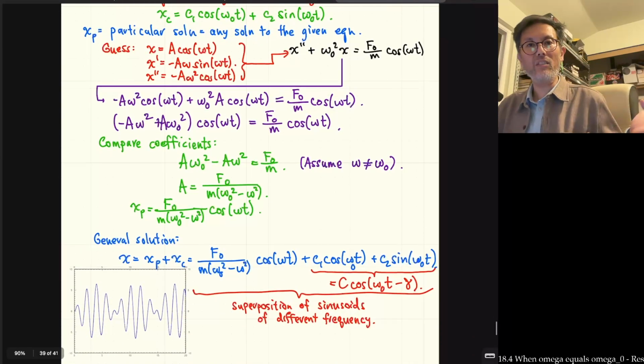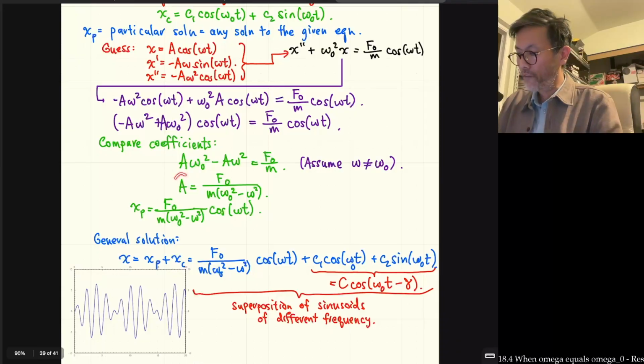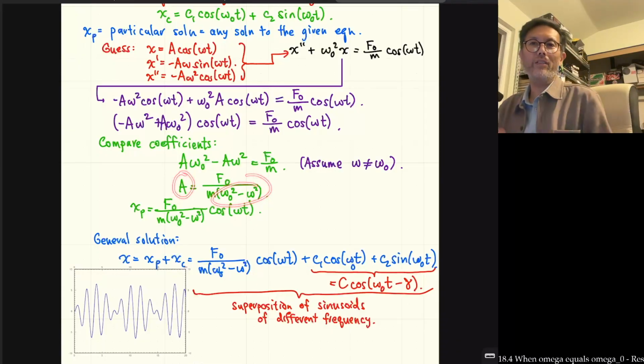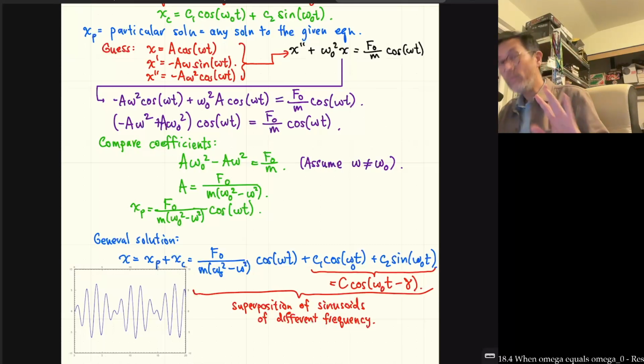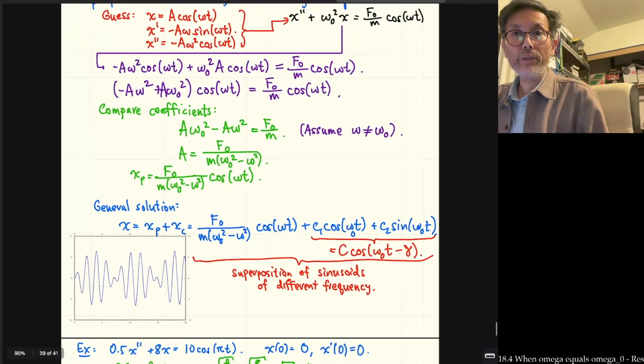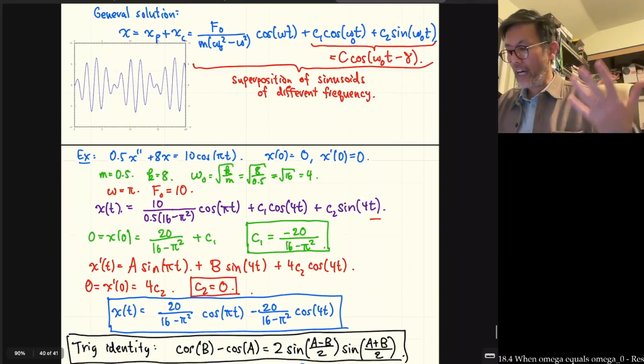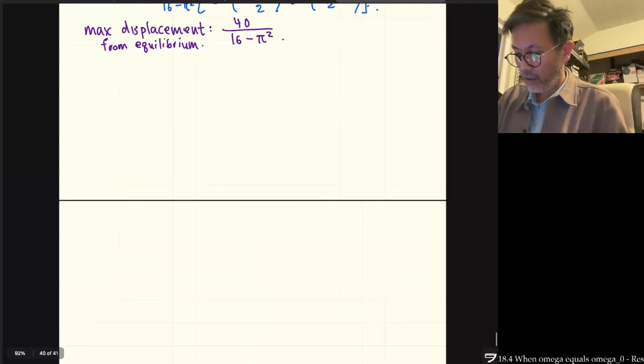And in fact, it doesn't work because the way that we found the coefficient would force us to divide by 0, and that's not legit. All right? So what do we do? Well, this is where we revise our guess.